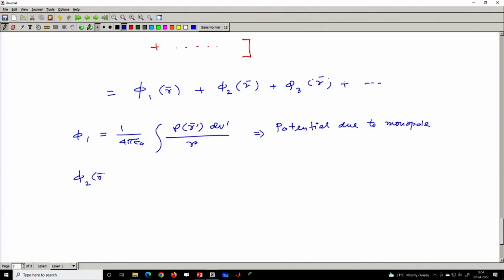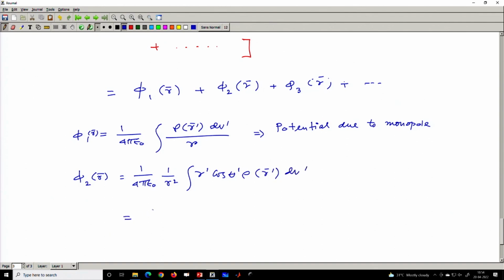which is a function of r, again a function of r. So, that is 1 divided by 4 pi epsilon 0, and then 1 by r square, integration of r prime, and then cos theta prime rho(r prime) dv prime.